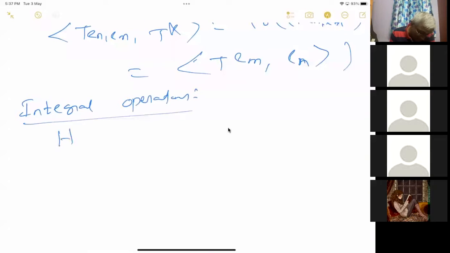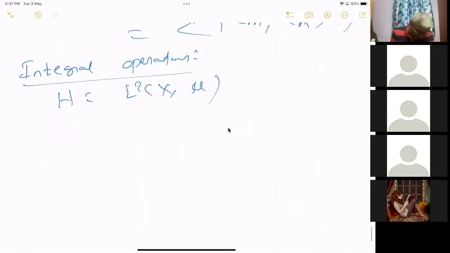Let's consider H is L2(X, mu) with respect to some measure mu, a nice measure called a Radon measure, because we want to use the Stone-Weierstrass theorem.